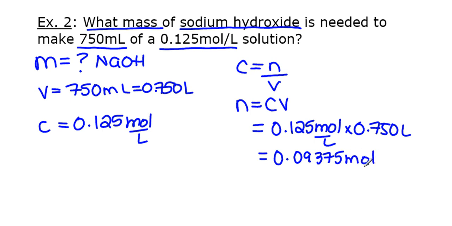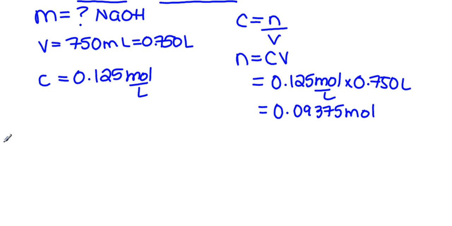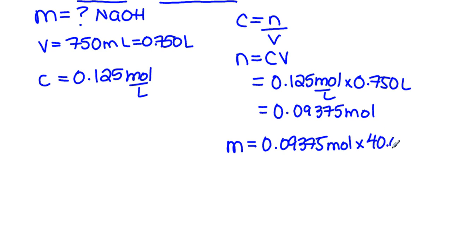Okay, now that we have moles, we can move on and solve for mass. We know the chemical formula of sodium hydroxide, so now what we need to do is find its molar mass and use that to find out how many grams we have. So we're going to take our moles that we just calculated, and we're going to multiply it by the molar mass this time, because we want grams in the end.